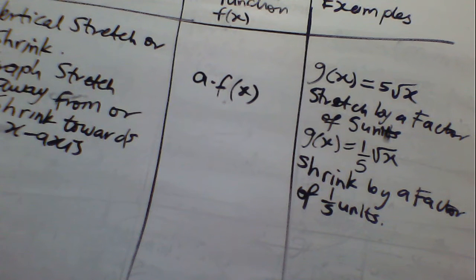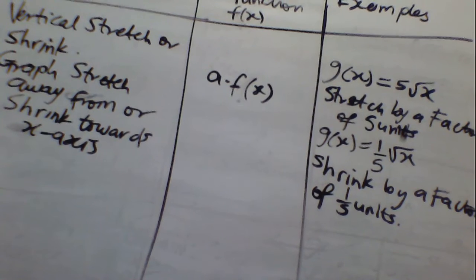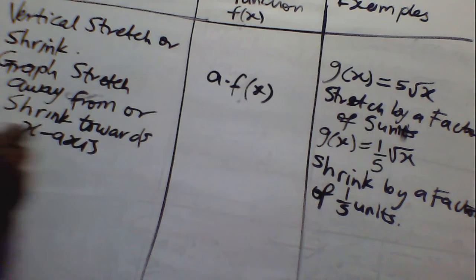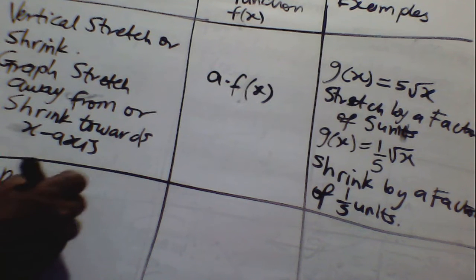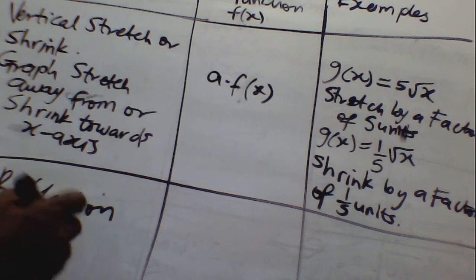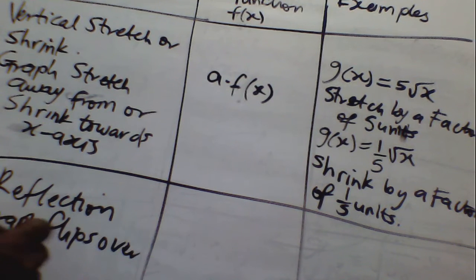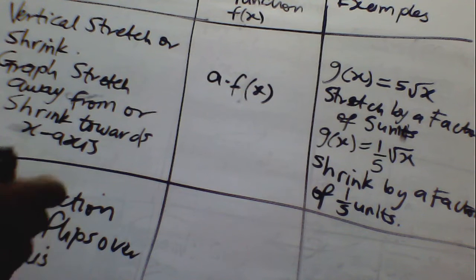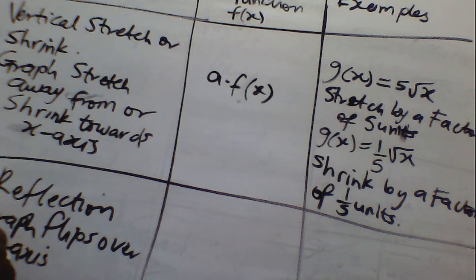The next is reflection. Please, if you have forgotten what we did in polynomial, endeavor to memorize this table of values for transformation of radical functions. Reflection: the graph flips over the x-axis or y-axis.